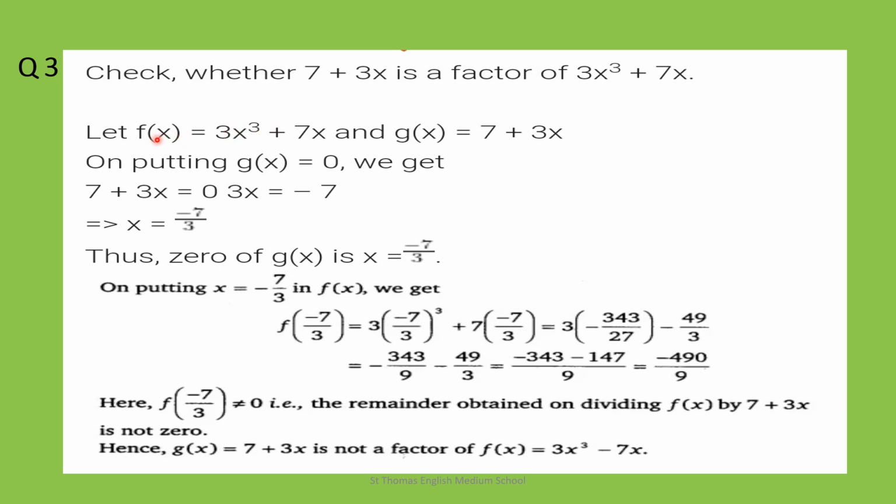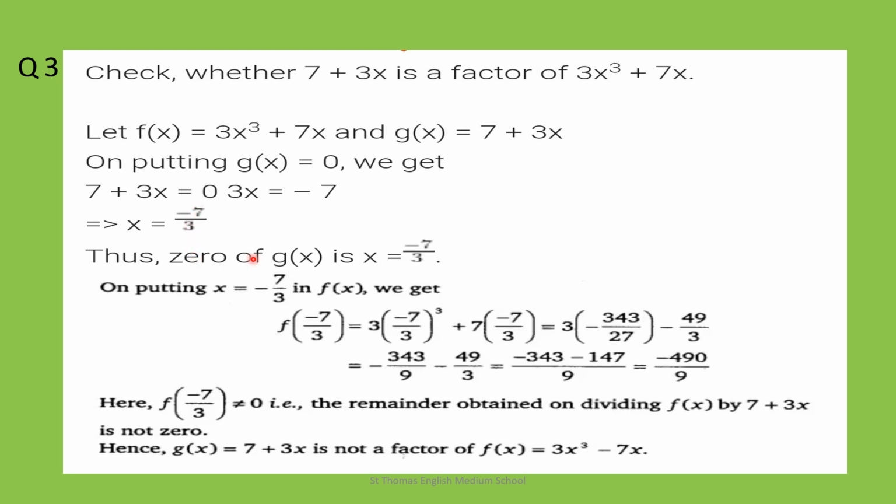Now let f of x equal to 3x cube plus 7x and g of x equal to 7 plus 3x. It is a linear polynomial. To get the zero of g of x, you have to equate g of x equal to 0, that is 7 plus 3x equal to 0, that is x equal to minus 7 upon 3.